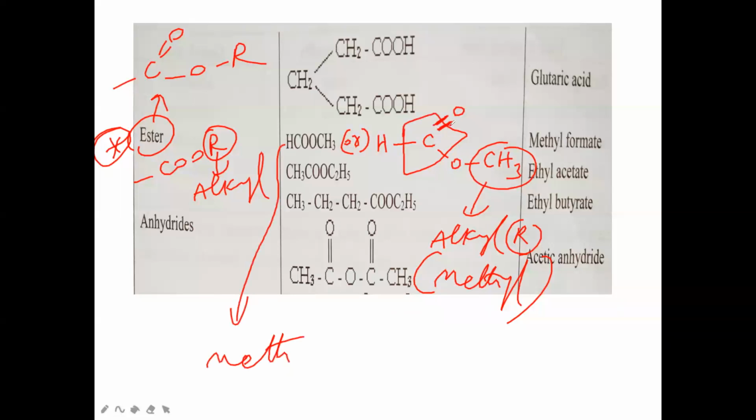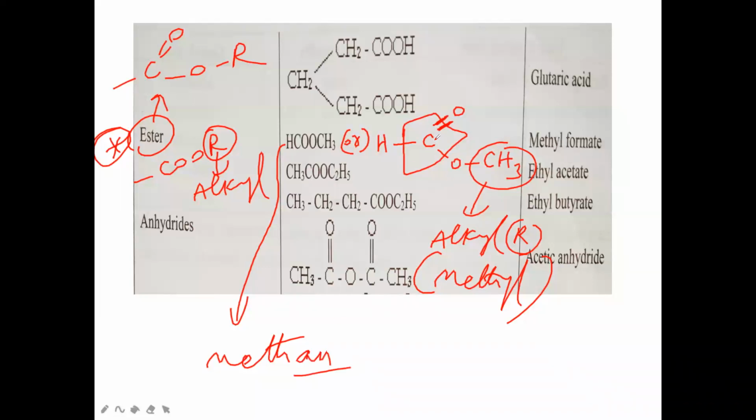We consider only carbon single bonds, because if a C double bond C were present we could say en, but here there is no double bond between carbon atoms. So we say methane.